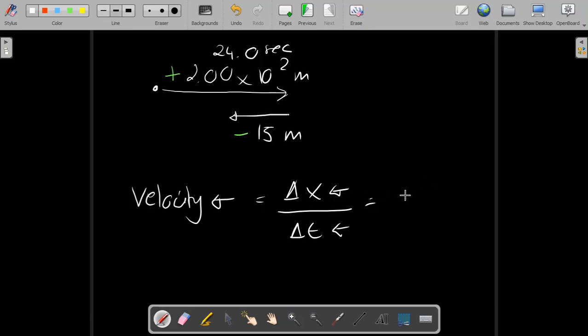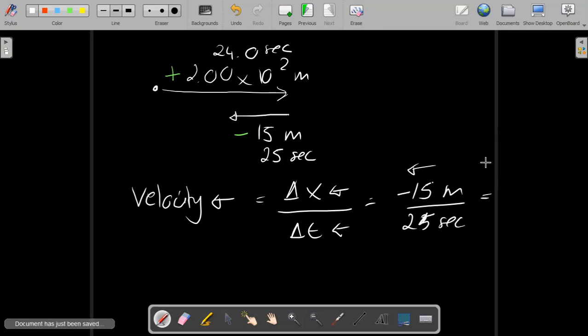Well, that's a negative number because it's going that way. It just means going that way. Divided by the time it took you to do that. I didn't write it here, but the problem did give it to you. It was 25 seconds. So put 25 seconds right here. Do the math in your calculator. And according to my notes here, the value is negative 0.60 meters per second.